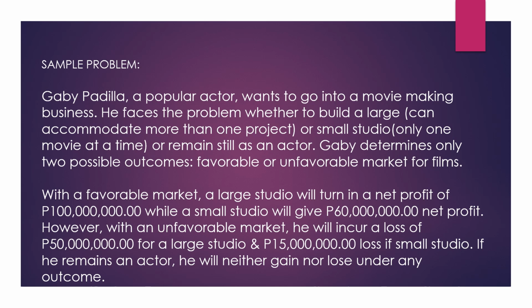Gabby determines only two possible outcomes, a favorable or unfavorable market for the filmmaking industry. With a favorable market, a large studio will turn in a net profit of 100,000 pesos, while a small studio will give 60,000 pesos net profit. However, with an unfavorable market, he will incur a loss of 50,000 pesos for a large studio and 15,000 pesos loss for a small studio. If he remains an actor, he will neither gain nor lose under any outcome.